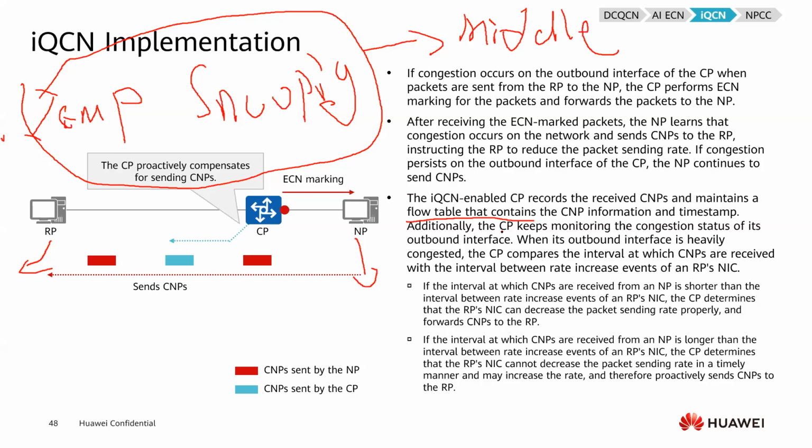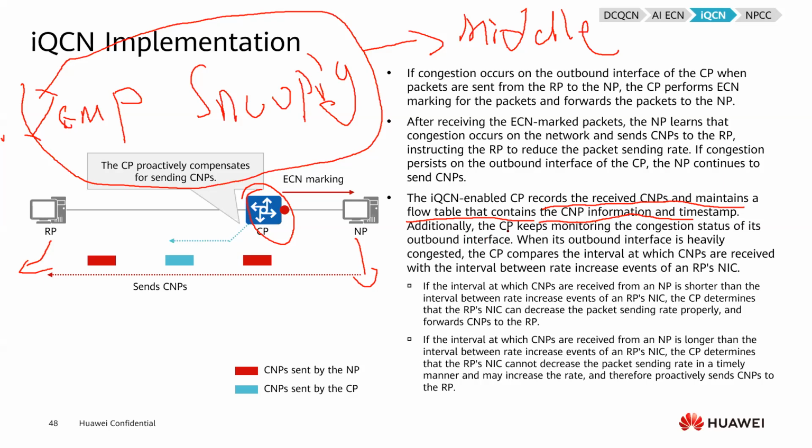So the accuracy CP device, the CP will record the received CNP and maintain a flow table that contains the CNP information and the timestamp.